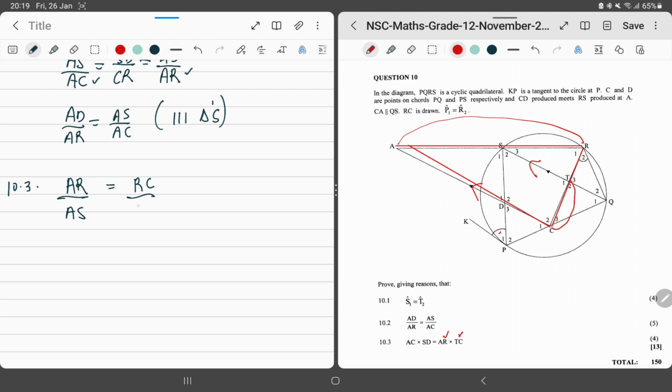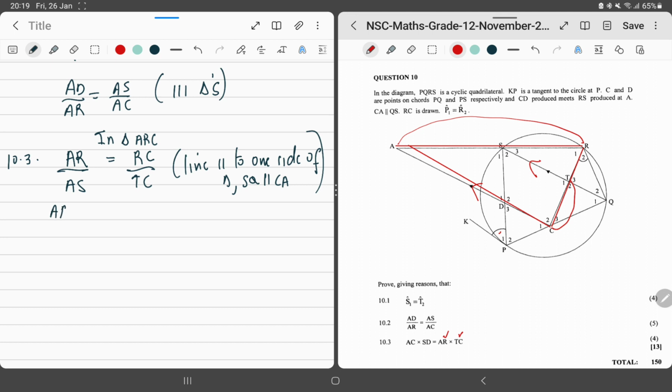So this is AS over TC in triangle ARC. This is because of a line parallel to one side of triangle. So SQ is parallel to CA.